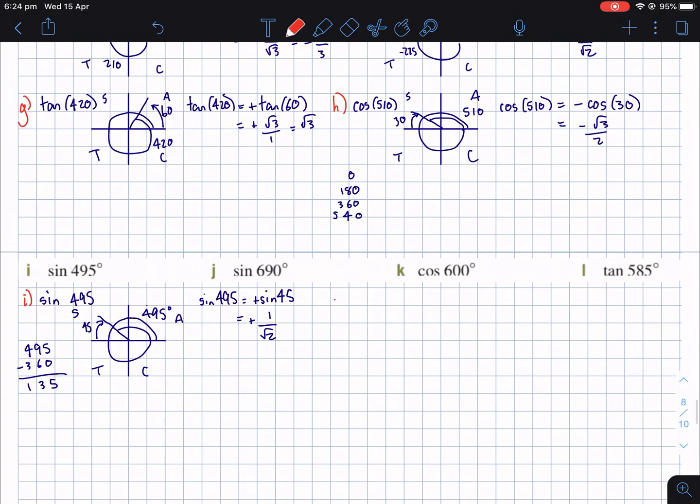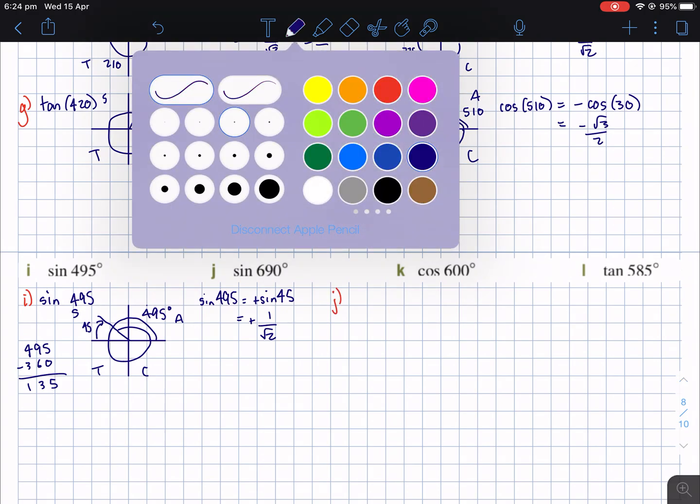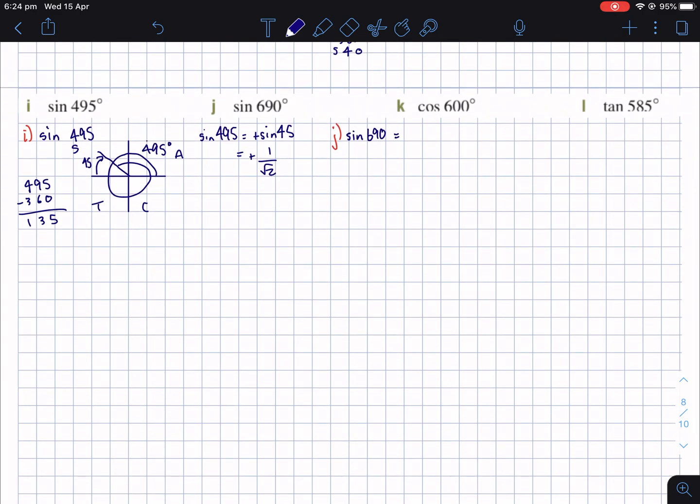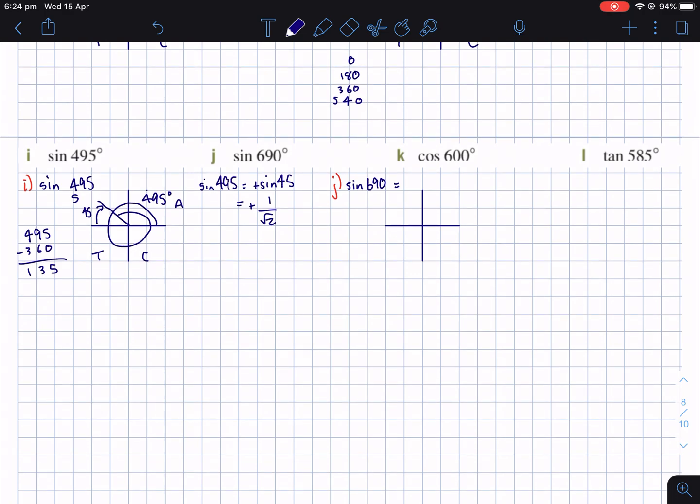Okay, and J, sine 690. Now, let's draw it. So 690, we've gone all the way around 360. Around here is another 540. Have we got another 90? 630, yes, we have. And then we've got another 60 as well.